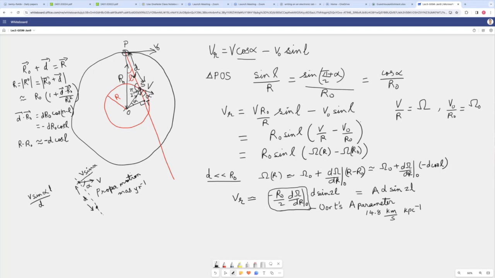So this is basically the distance that it travels in the perpendicular direction, and d is this distance. So this is how much of an angle does it travel in the sky over some time t. Okay, and this theta over t is what the proper motion is, and that's v sine alpha by d.